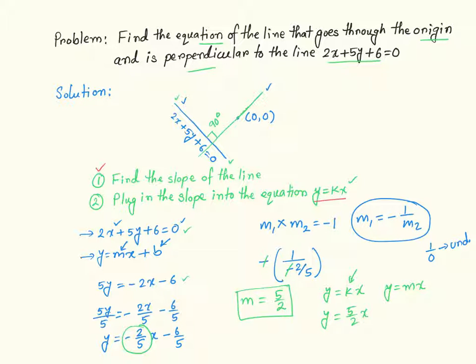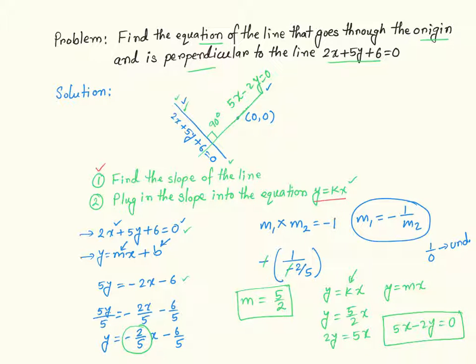Now, I multiply both sides of this equation by 2. That gives me 2y is equal to 5x. Or, if I move things around, it's 5x minus 2y is equal to 0. Here it is, 5x minus 2y is equal to 0. That's the equation of the green line, which is perpendicular to the given blue line.